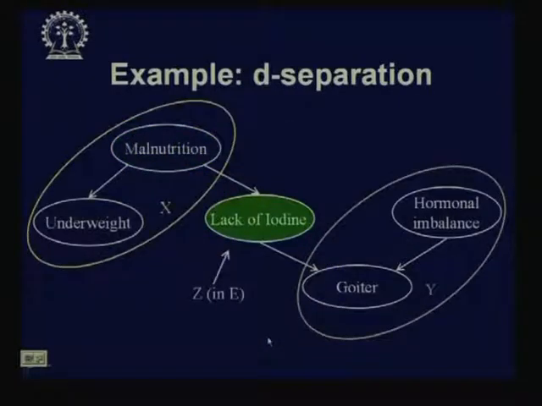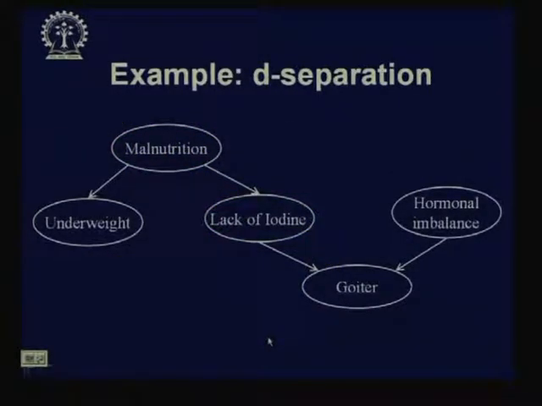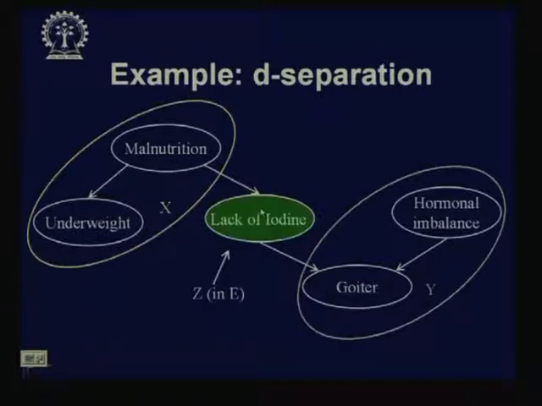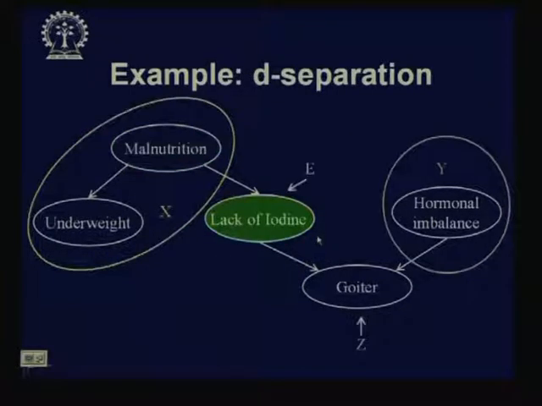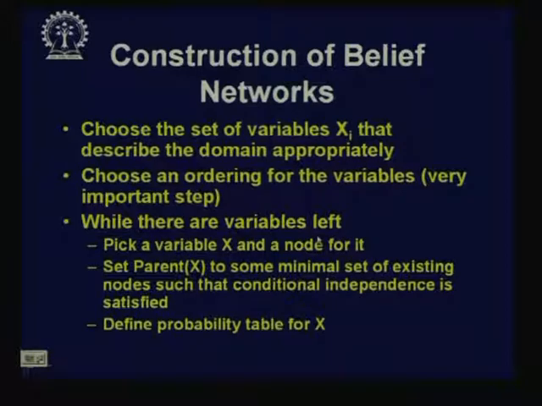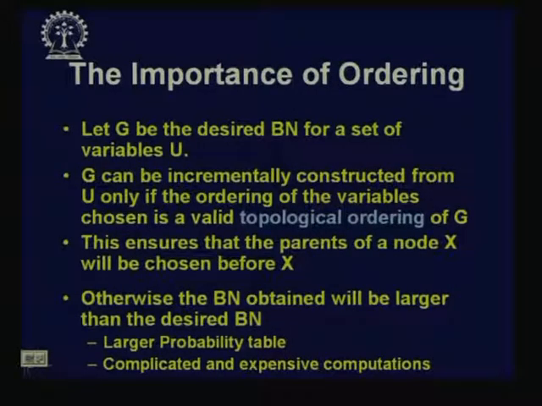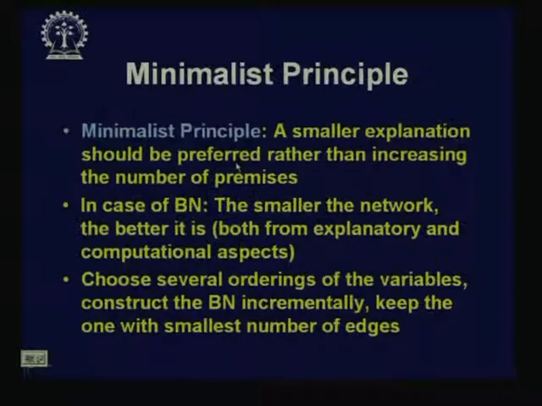Now, I will first select one node, say lack of iodine, then I will have to select the parent in such a way that I can create a conditional independence set, and then we define the probability of this. So, the ordering is very important, and this approach is based on the minimalist principle.